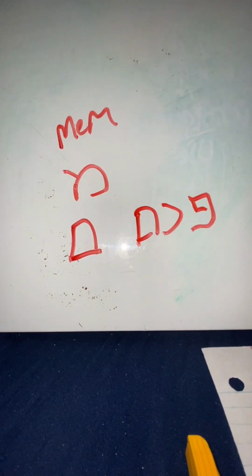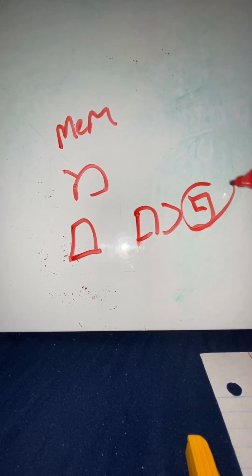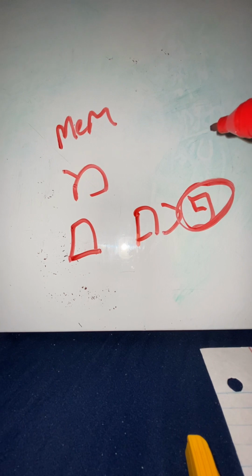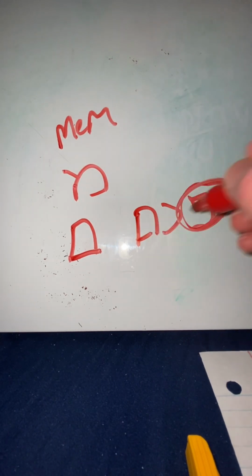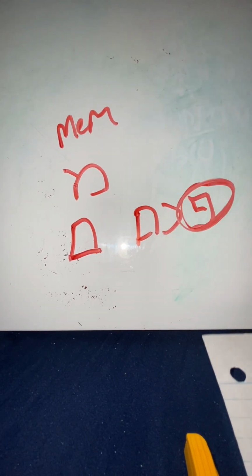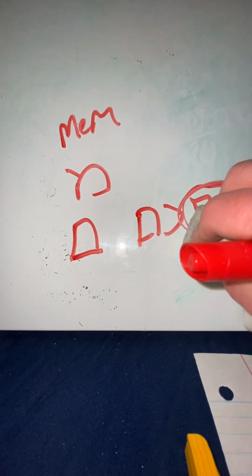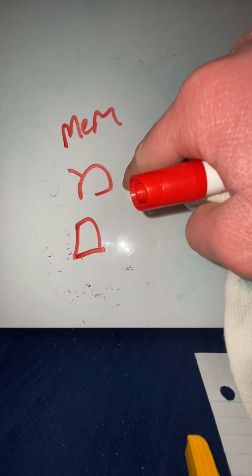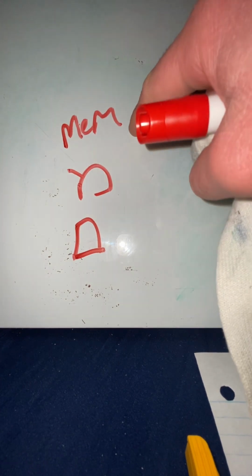Just to throw in some letters there, and this will be a letter that we'll talk about in a minute, but just to give you an example right there. And that's Mem. Final version, and everywhere else in a word, Mem, and it makes the M sound.